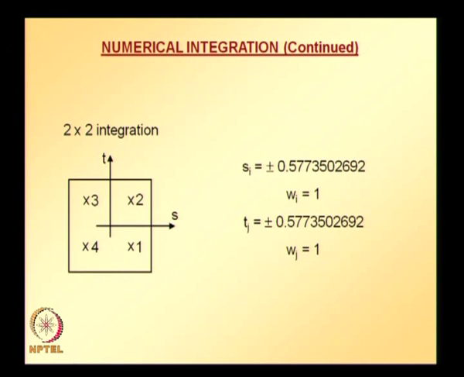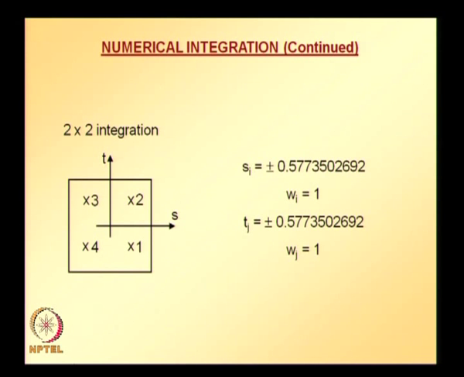The integration point coordinates in the s direction are shown, and the weight in the s direction at these 2 points is equal to 1. Similarly, integration point coordinates in the t direction are given, and the weight in the t direction at the 2 points is equal to 1.